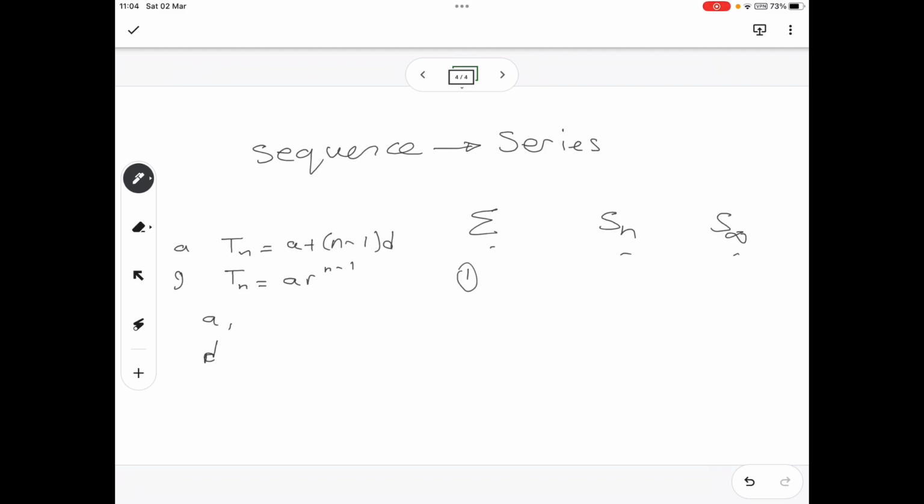The same rules for the first term apply, the same rules for common difference, as well as constant ratio. The same rules still apply in each of these three: the sigma notation, the sum of a finite series, and the sum of an infinite series.